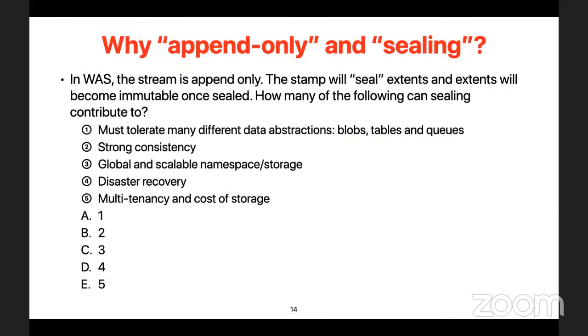Append only. The first thing I think of is that we're able to add stuff to the end. So definitely strong consistency, and definitely number 1, just because tables and queues are really common with using stacks.